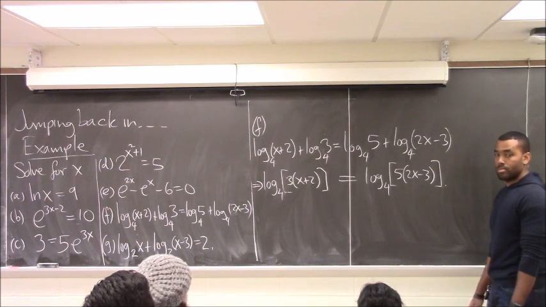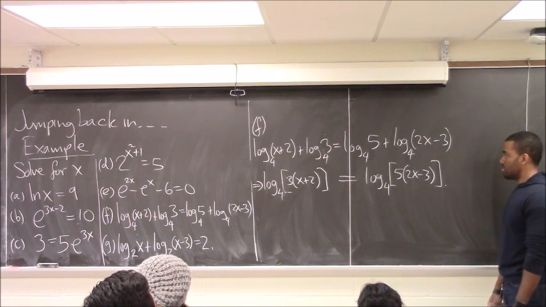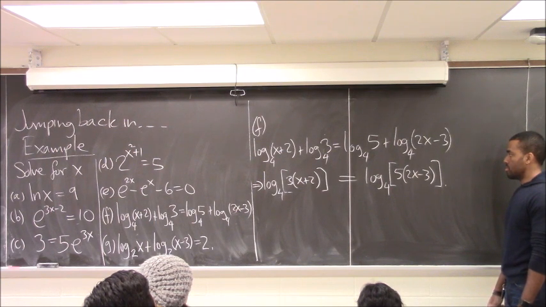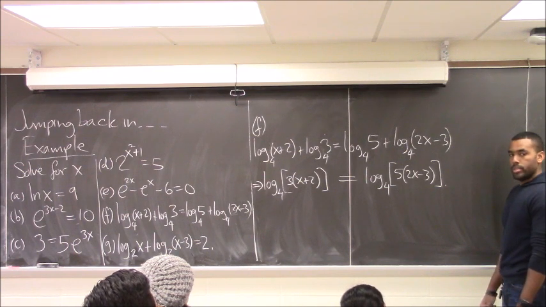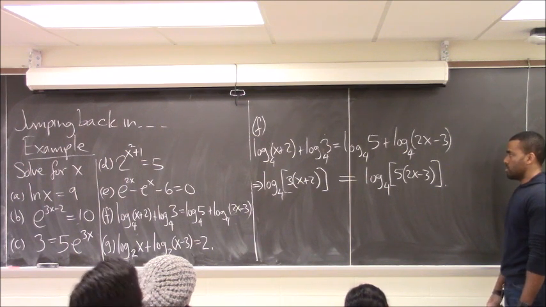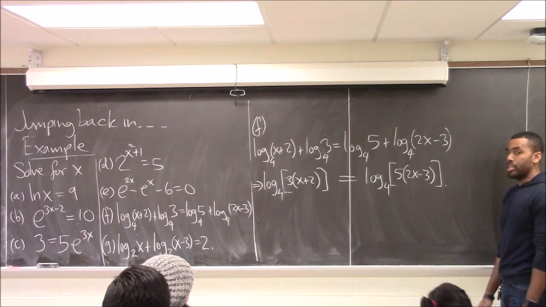Yeah? Is it possible to subtract the logs and then do the division rule when you have two logs with the same base? You can divide the inside? Sure. You'd end up at the same place though, so I probably wouldn't want to do that. But that wouldn't be illegal.